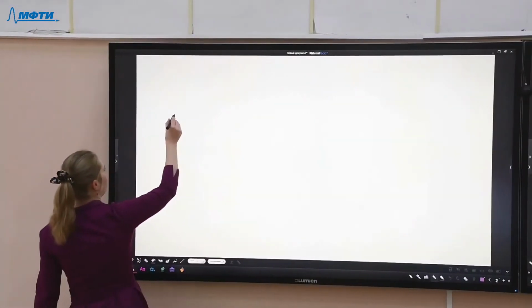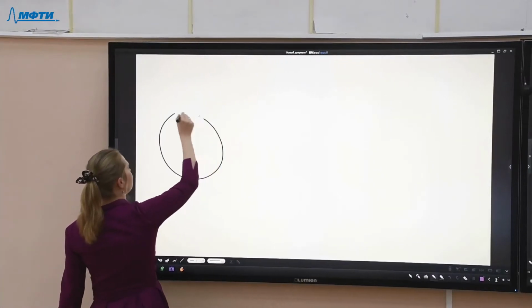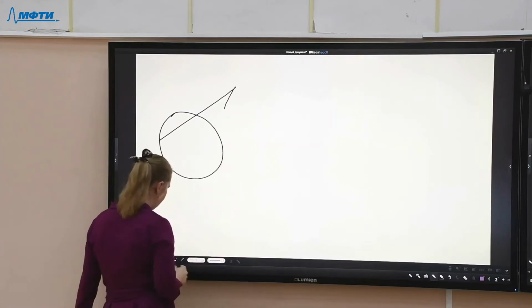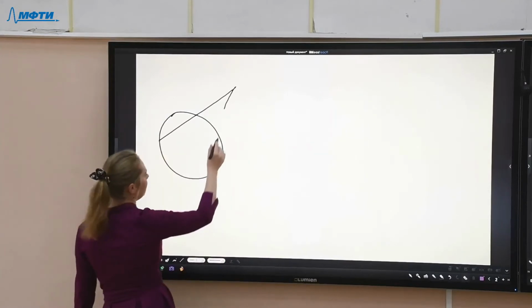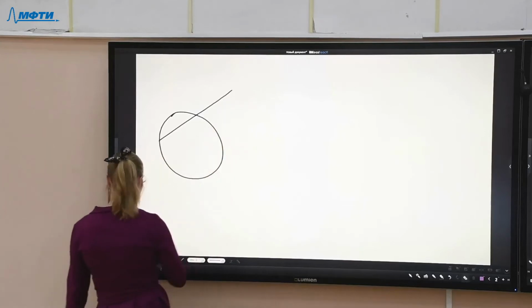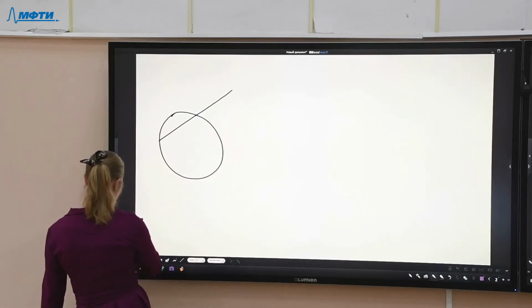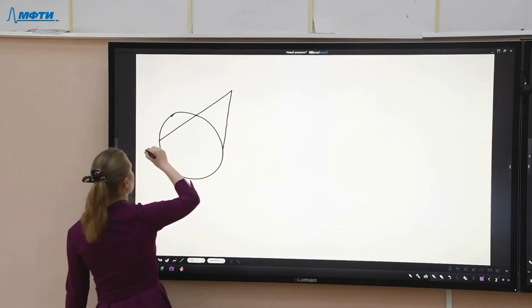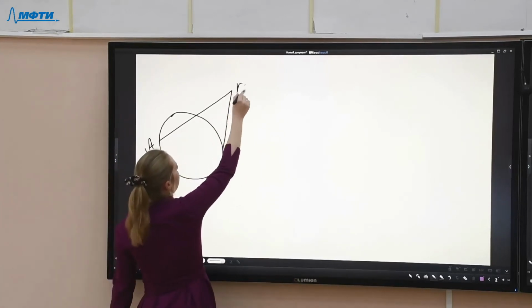Again, we have a circle, a secant, a tangent line, and we know that they intersect in a point outside the circle. ABCD.